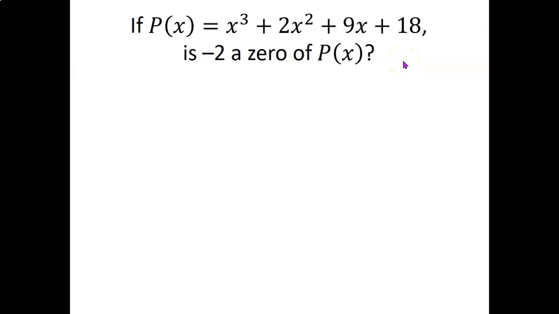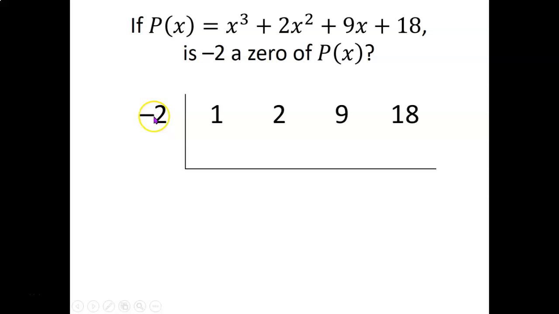But another way, might be easier, would be to do synthetic division and see if the division comes out even, if we get a remainder of 0. So let's do it that way. We put negative 2 out in front, and we put the coefficients 1, 2, 9, 18, all positive, here.